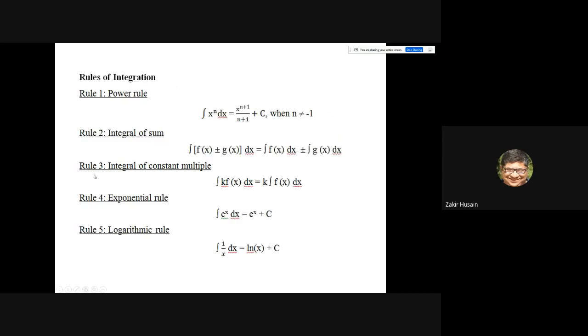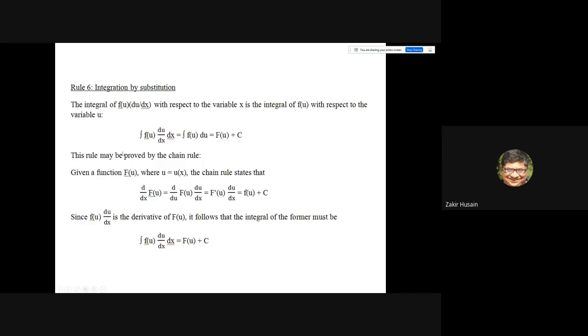So the chain rule is that we are given a function F(u) where u is a function of x. So d of capital F by dx can be written as d capital F by du into du by dx. So in this case, we write F prime.